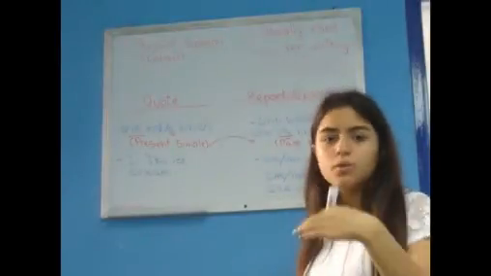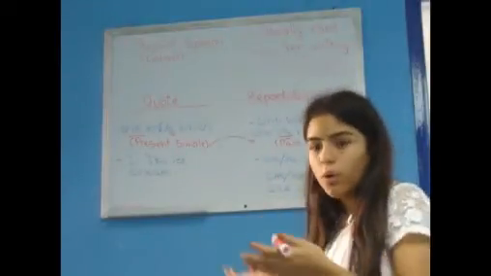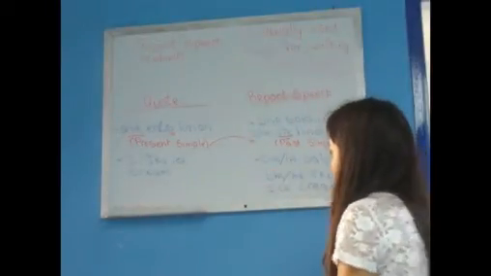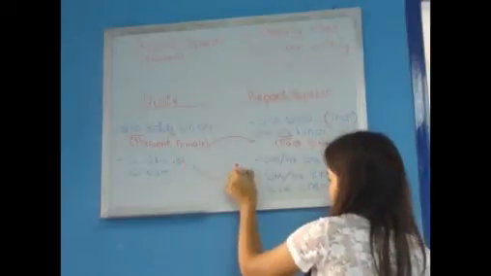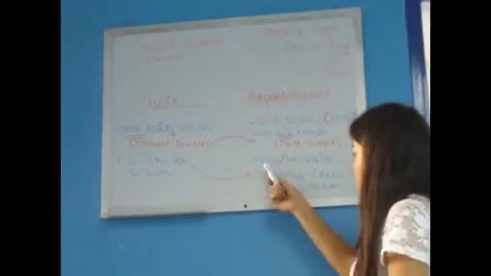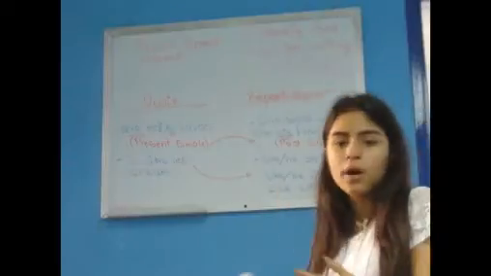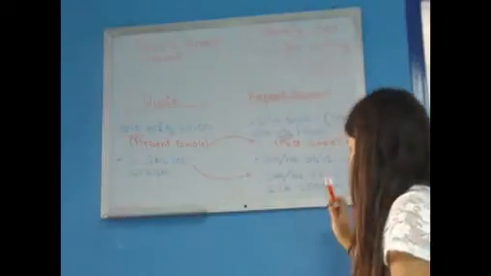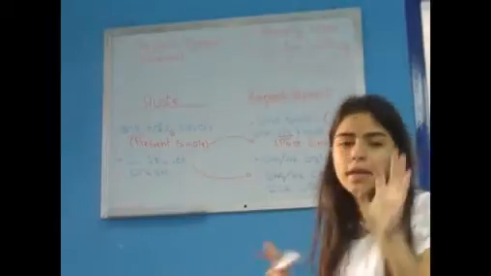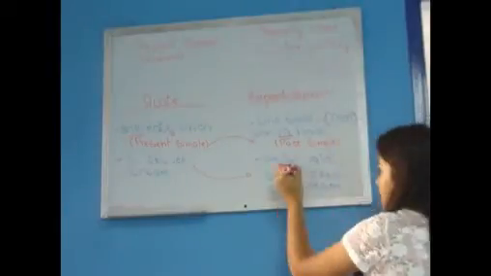You can choose one of these. Then we change to past simple: he or she, what you want, said she or he liked ice cream. So let's choose he. He said he liked ice cream.